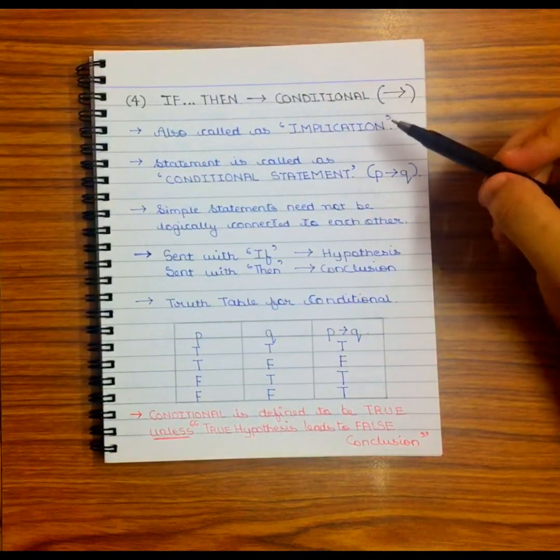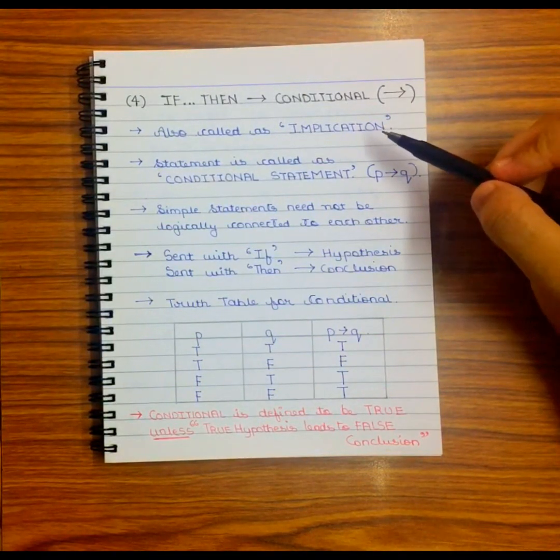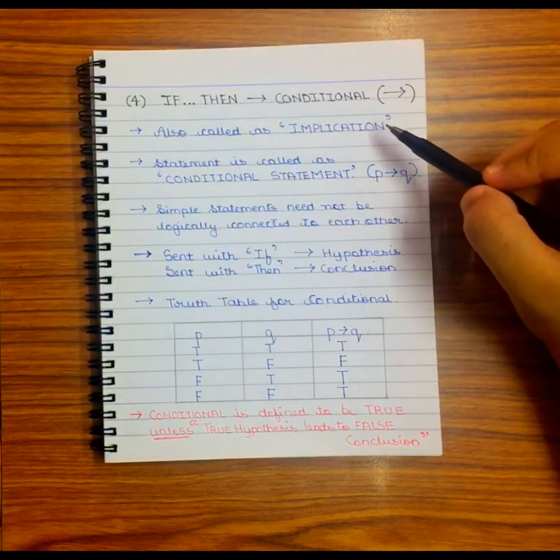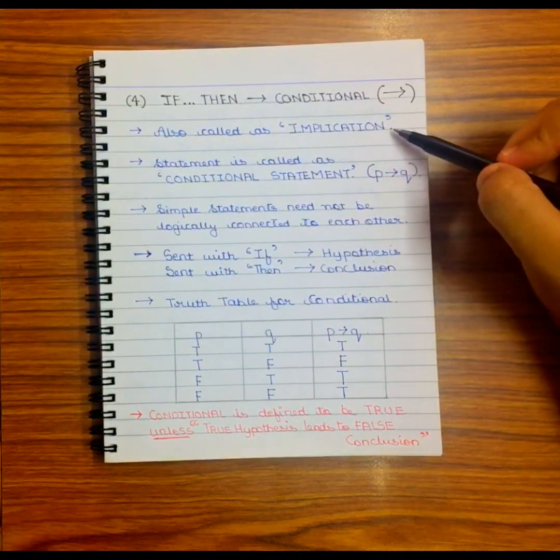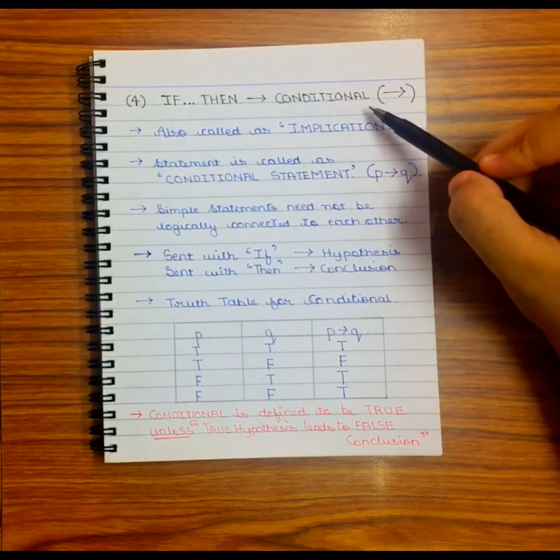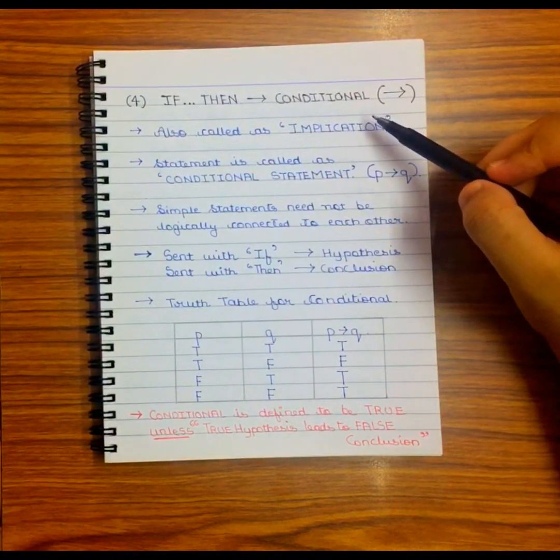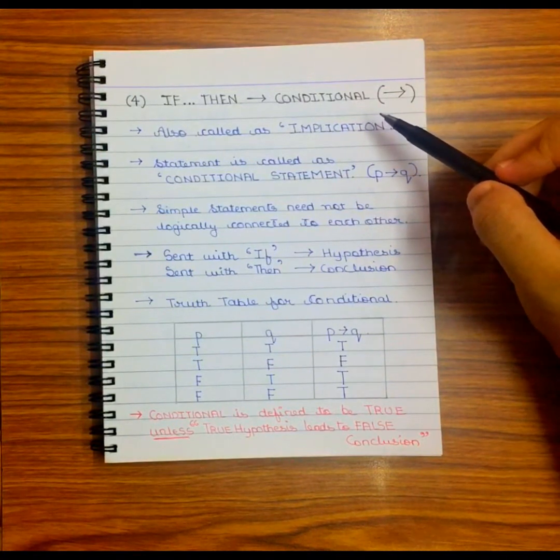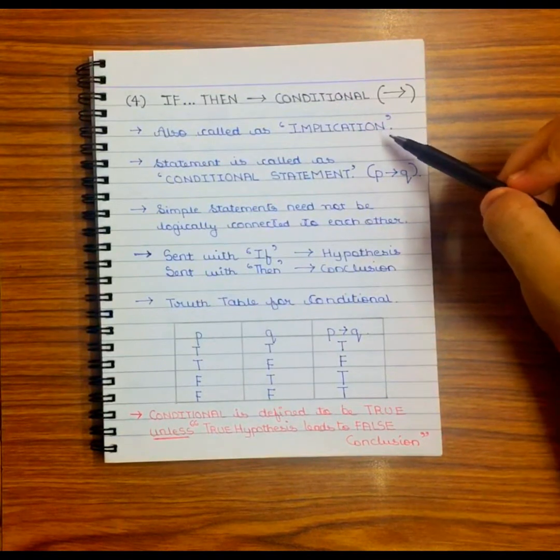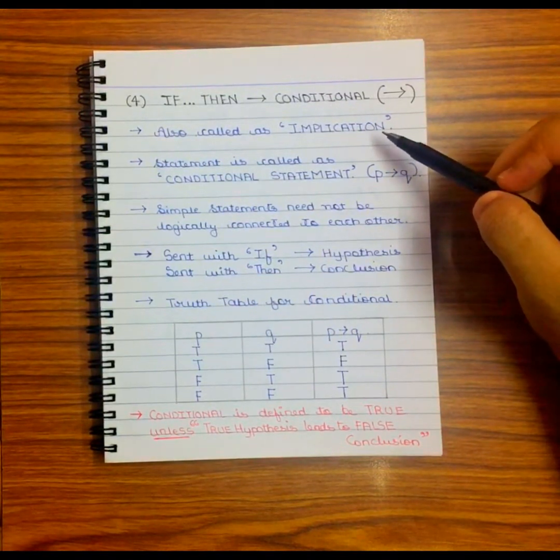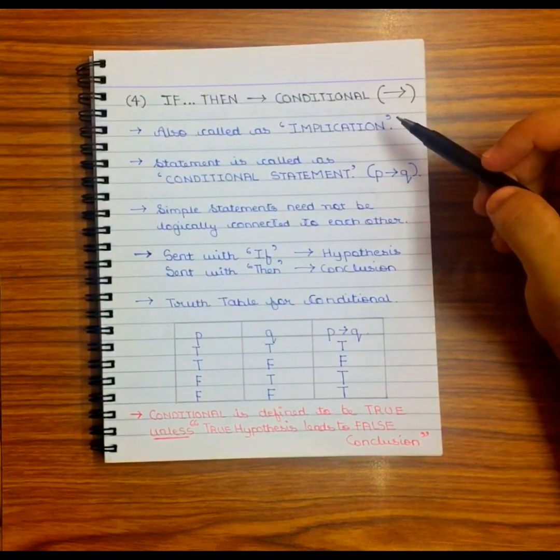Okay, so coming on to the fourth connective, that is if-then. It is called conditional. It is also called implication. Now why is it called conditional? As the name suggests, it must have some condition in the compound statement. And why is it called implication? For example, if this happens, then something will happen.